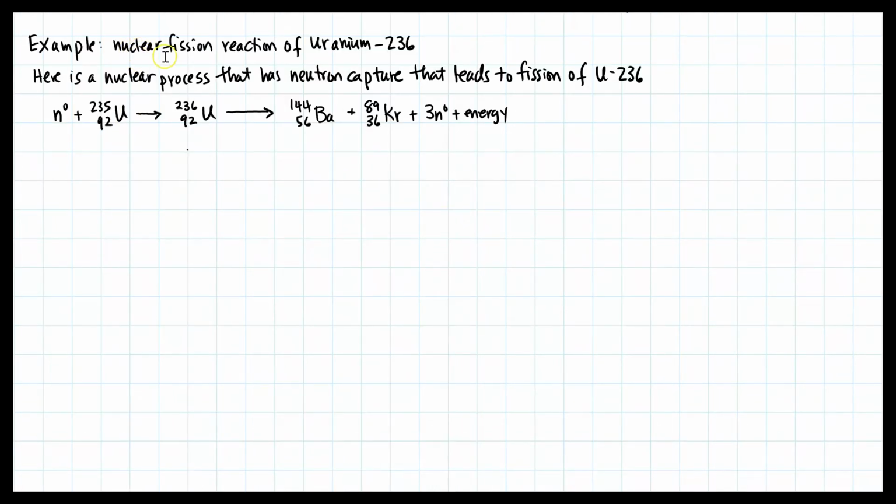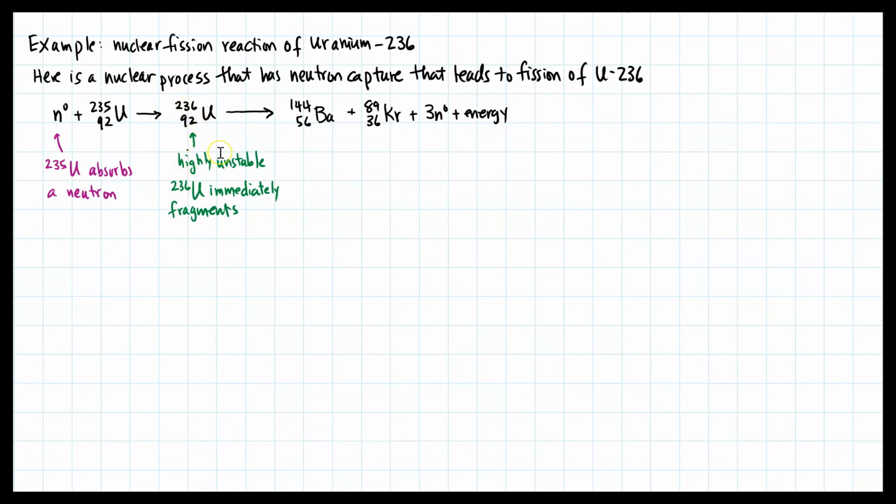Example, nuclear fission reaction of uranium-236. Here's a nuclear process that has neutron capture that leads to the fission of uranium-236. I first start off by having a thermal neutron that is then captured by uranium-235. As soon as the 235 absorbs a neutron, I now have uranium-236.